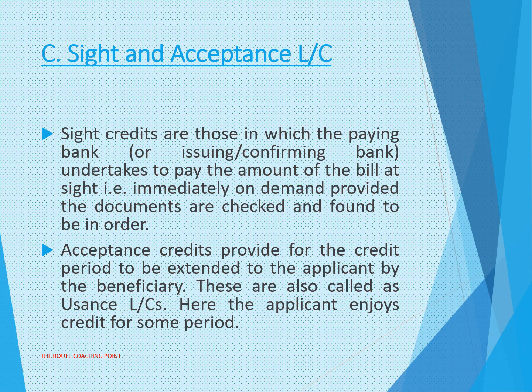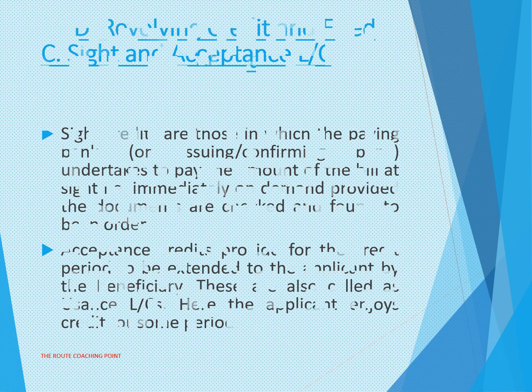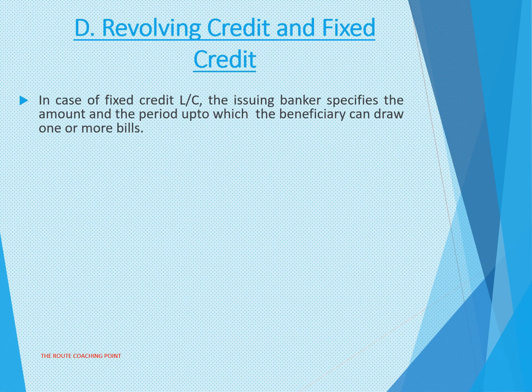These are also called usance LC, where the applicant enjoys credit for some period. In case of sight LC, once the goods are received, the applicant needs to pay the issuing bank. In case of acceptance credit, the applicant has some time to pay the banker.